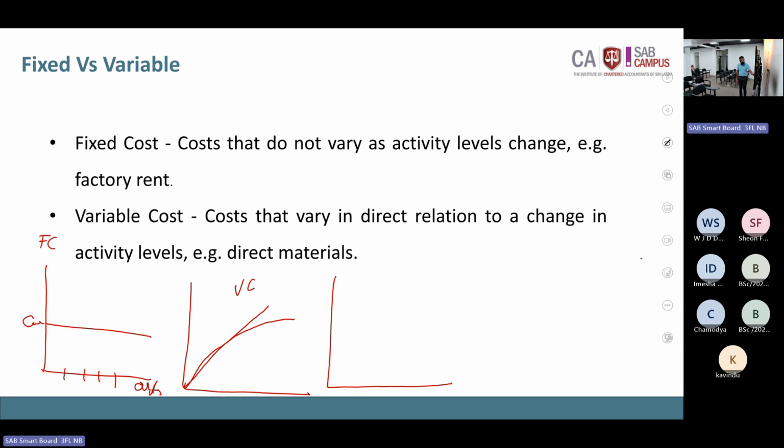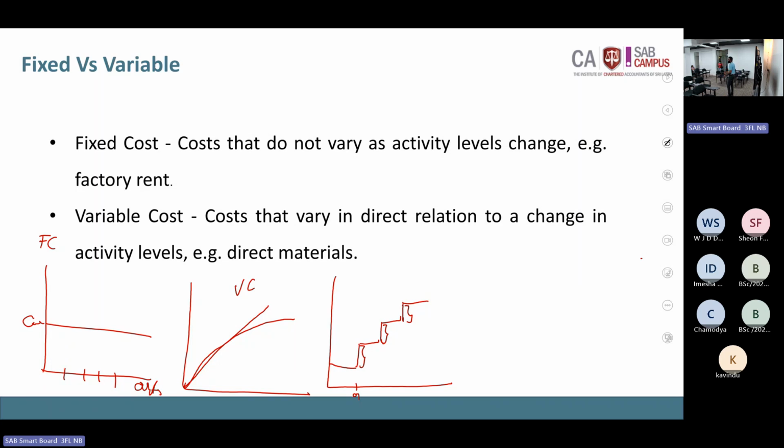Semi-fixed cost is like this. We call it as step cost also, right? It means up to a certain level it is fixed. After that it is increasing, but it's increasing by a fixed amount. For an example, just think we have one employee in our organization, and we pay a salary of 20,000.